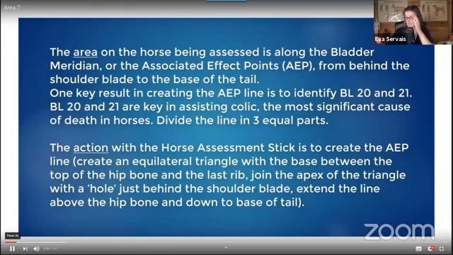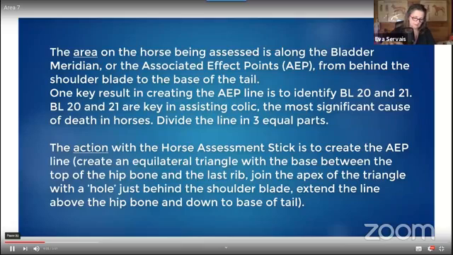For the associated effect points, AEP, from behind the shoulder blade to the base of the tail. One key result in creating the AEP line is to identify bladder 20 and 21. Bladder 20 and 21 are key in assisting colic, the most significant cause of death in horses.